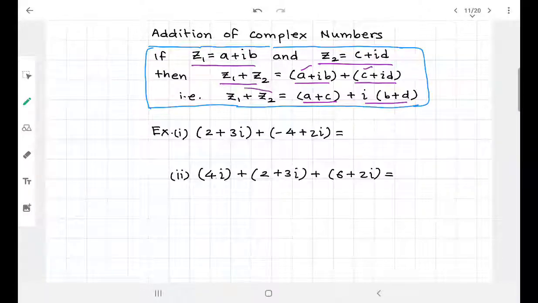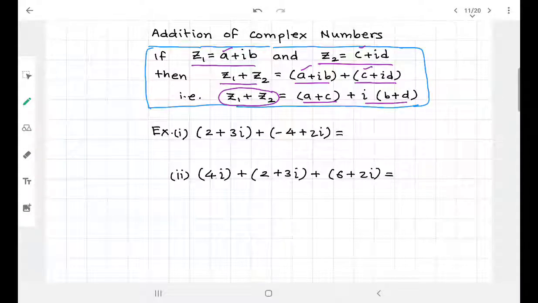So z1 plus z2 का real part is nothing but addition of real parts of z1 and z2. z1 का real part a, z2 का real part c, so a plus c is real part of z1 plus z2. So real part में add करो, imaginary part में add करो, and you will get addition of two complex numbers.